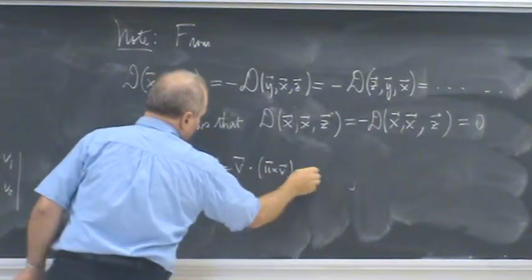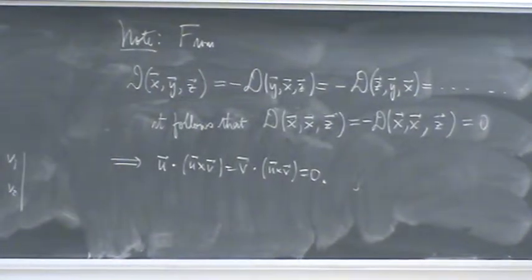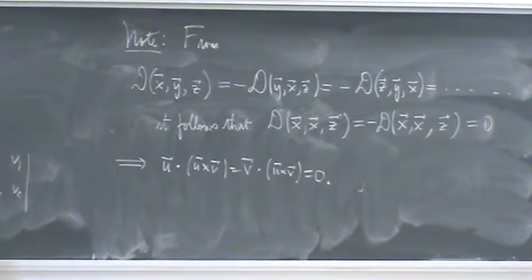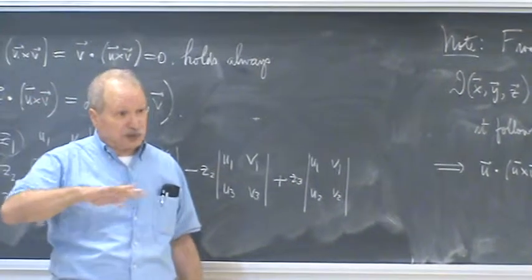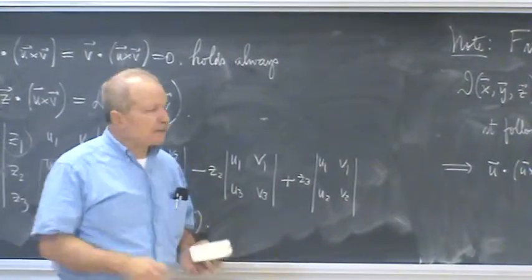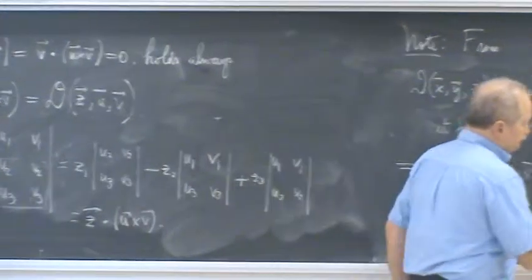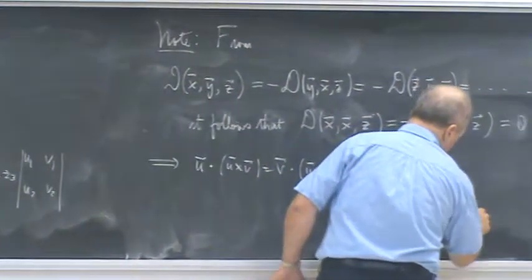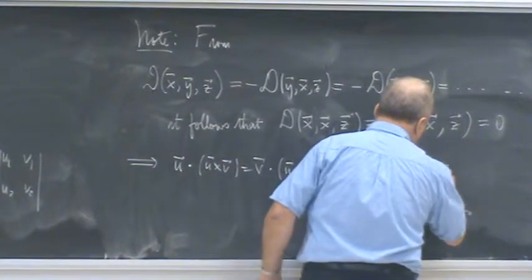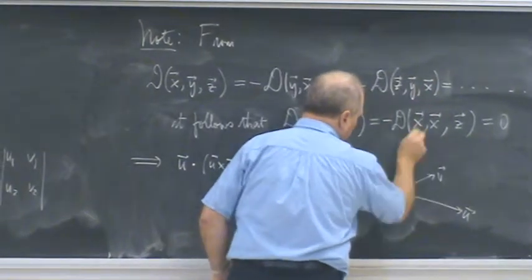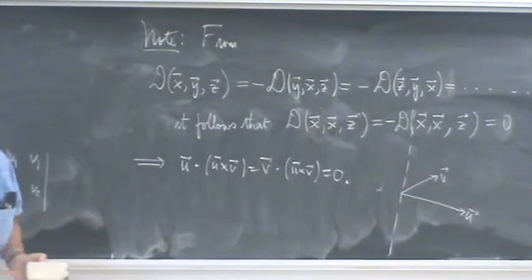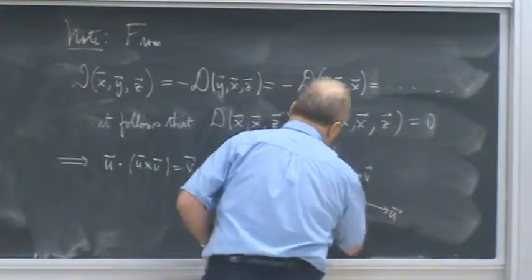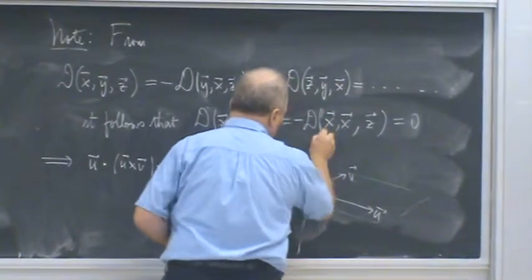Okie dokie. So what does this tell me? This tells me that if I take the cross product of two vectors, I get a vector orthogonal to their plane, orthogonal to both of them. So if I have u and v, the cross product is somewhere in the perp of the plane they span.